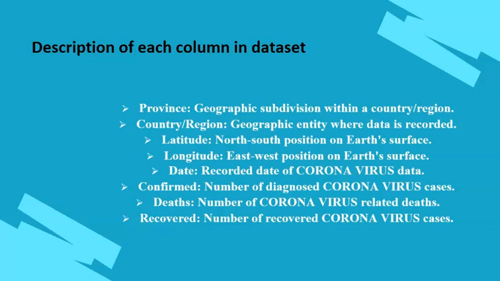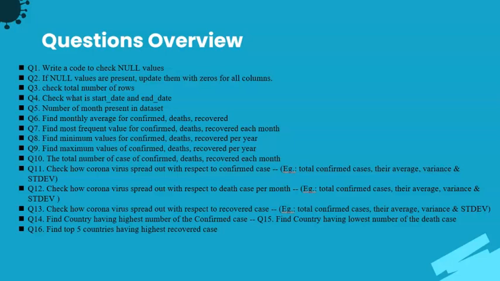Then coming to the analysis part, we have some questions. We have to check the null values in the dataset. If there is a null value, then we have to update it with 0.